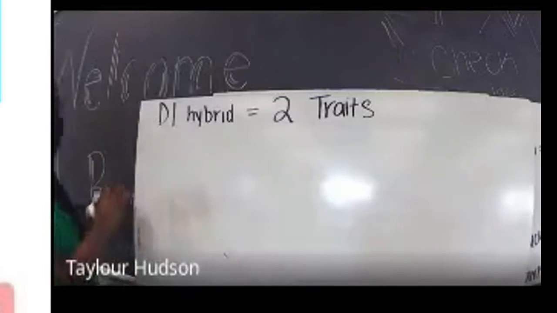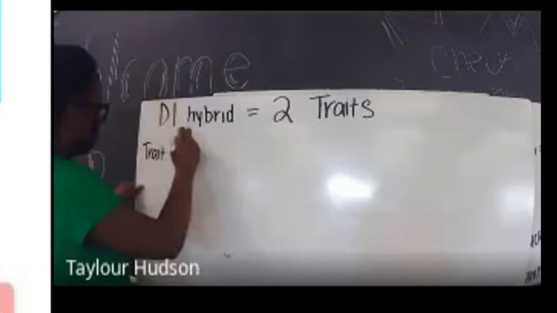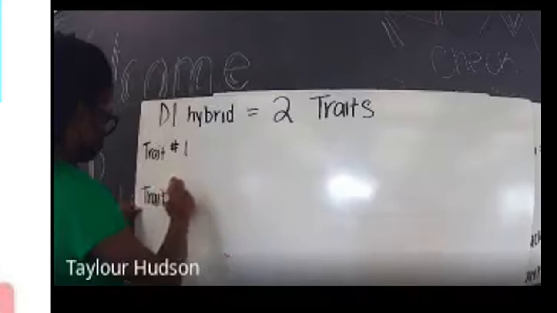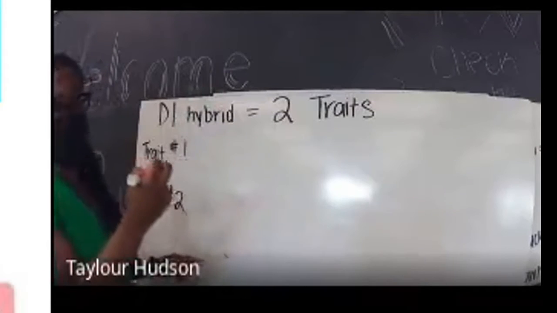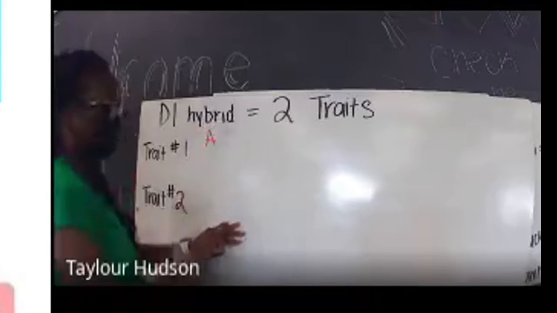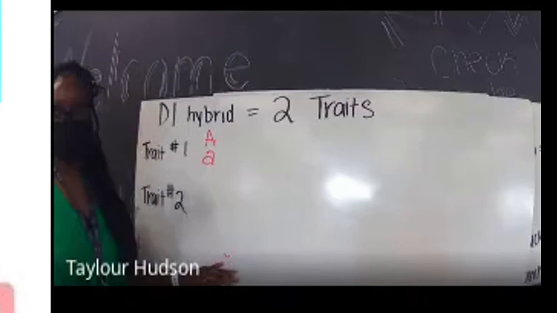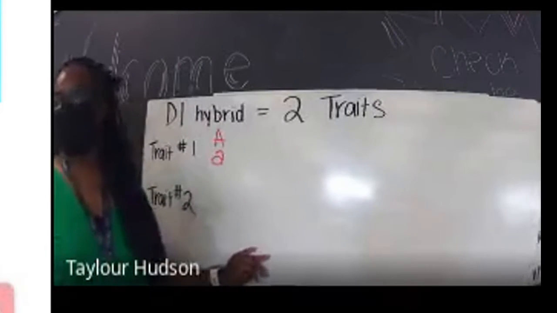For this example, we're just going to say trait number 1, I don't care what it is, and trait number 2. Trait number 1, we're going to use the letter A. Big A for dominant trait number 1, little a for recessive trait number 1. Trait number 1 could be anything: hair color, eye color, height, I don't care.